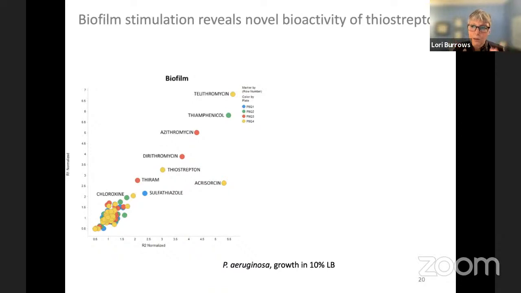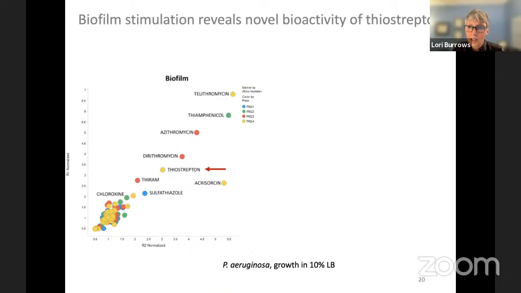While we were going through this list, my eye was caught by this compound right here, which is Thiostrepton. Thiostrepton is an old antibiotic, and it has, in the literature, no gram-negative activity. Pseudomonas is a gram-negative organism, and it's very difficult to get drugs into Pseudomonas.